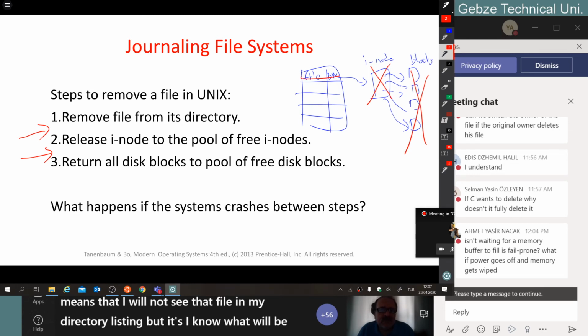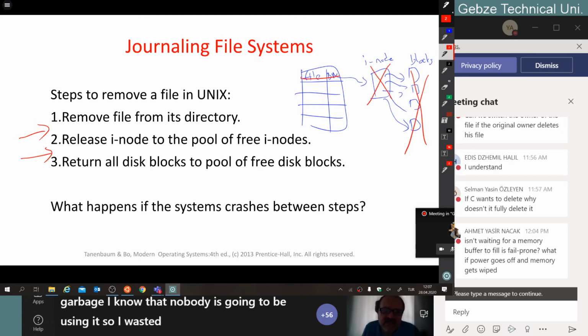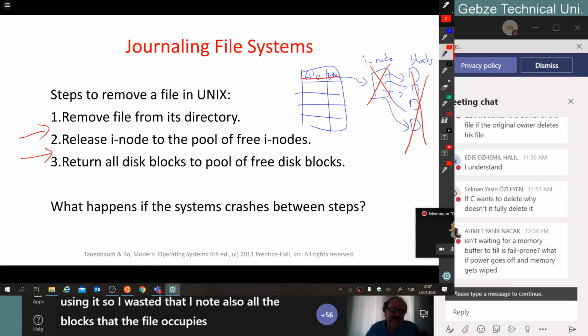Nobody is going to be using it, so I wasted that inode. Also, all the blocks that the file occupies will be junk blocks. Nobody can use them anymore. Okay? So that's a bad thing.